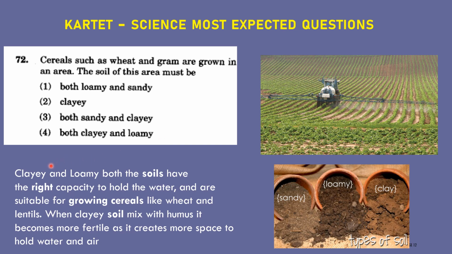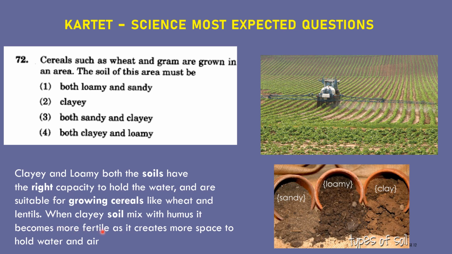Let us discuss. Clay and loamy, both soils have the right capacity to hold water. Therefore, to grow cereals, we will use this type of soil. Then when clay soil is mixed with humus, it becomes more fertile.